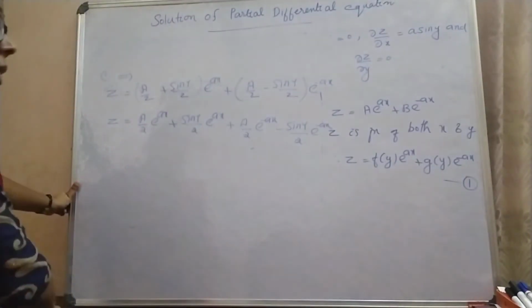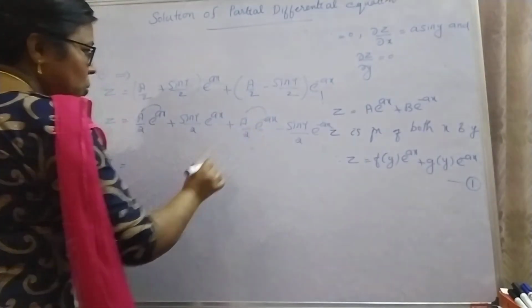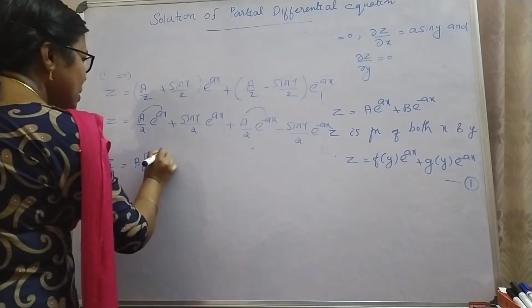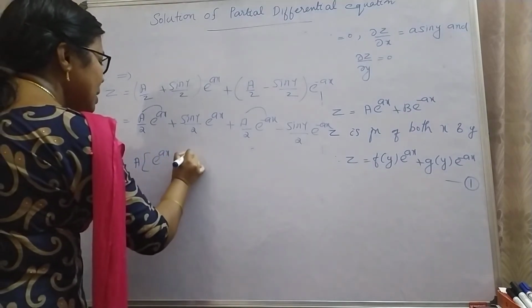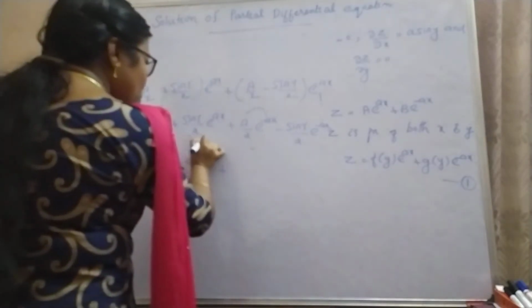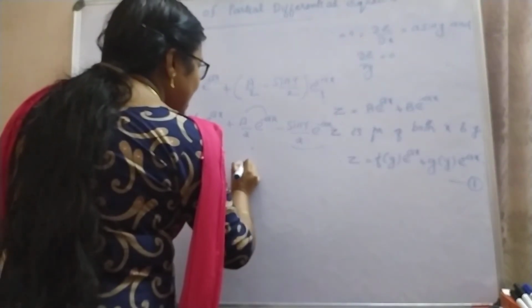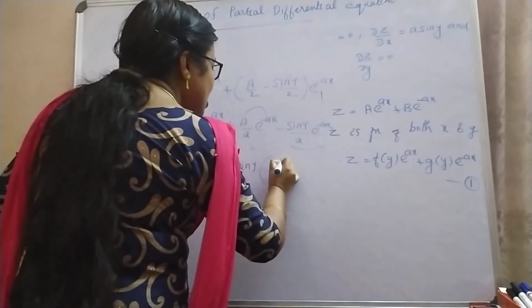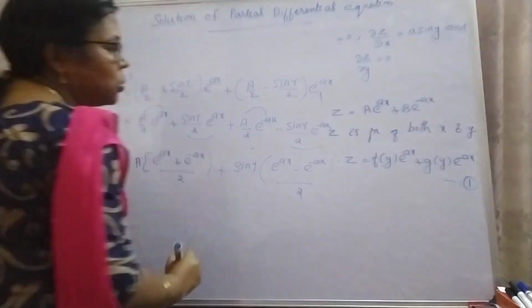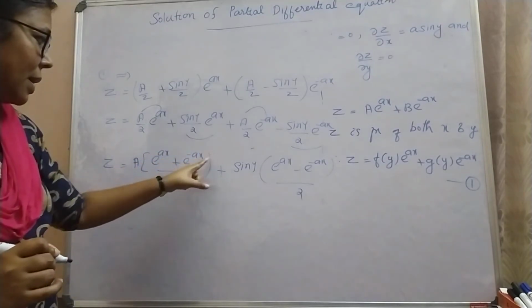Then by rearranging, z = a (e^(ax) + e^(−ax))/2 + sin y (e^(ax) − e^(−ax))/2. What about (e^(ax) + e^(−ax))/2?